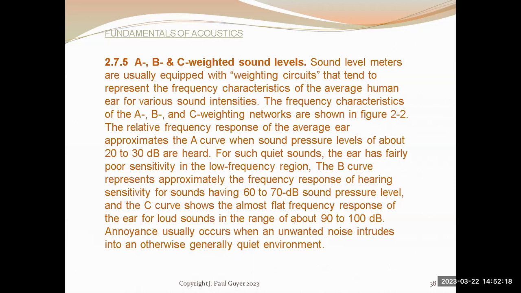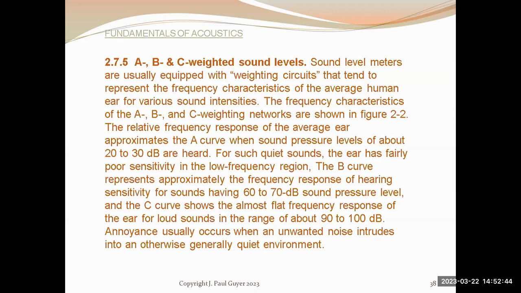Now the ABC knob, that controls some filters, sound filters, that filters out some sound. In a minute, you'll see a figure that illustrates these A, B, and C weightings.